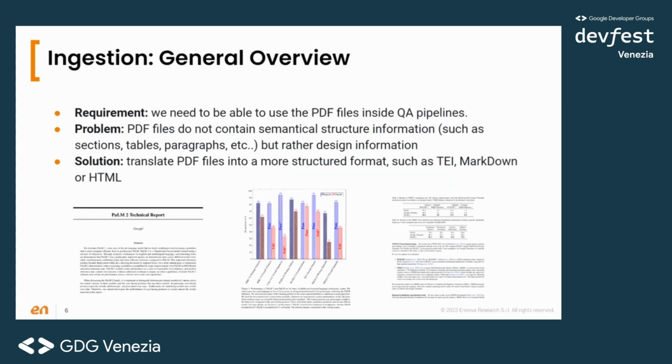So, as Stefano said, I'm Ivano. I am an AI engineer at Ennova-Research. And yes, Stefano already introduced the problem. So, we have a PDF document that contains layout information, the design information, along with the text, but does not contain any semantic information.